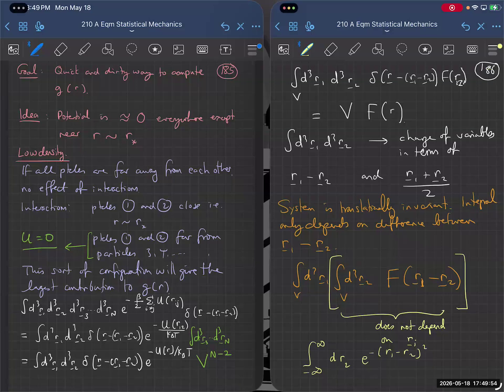The answer I'm going to get is just a number like root pi, and it's not going to depend on R1. And then, now I integrate over R1. R1 can be anywhere in the volume V, so then I'm going to get a factor of V on top of that. So therefore, this thing is equal to just the integral times the volume times that function.